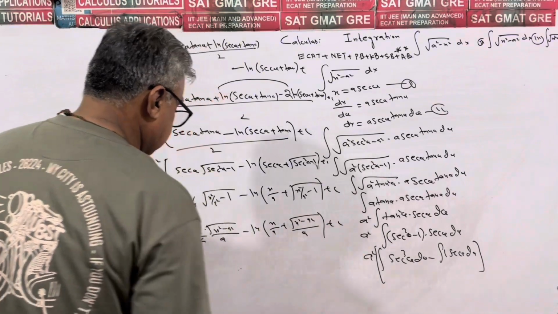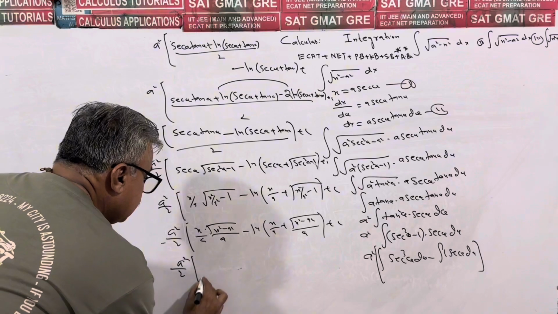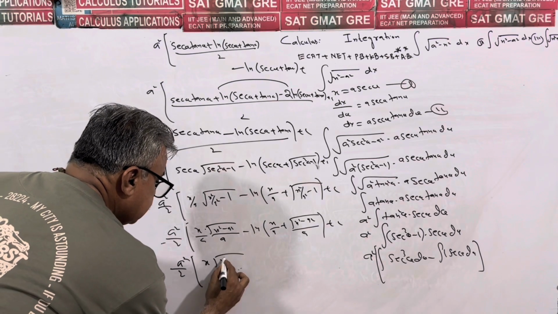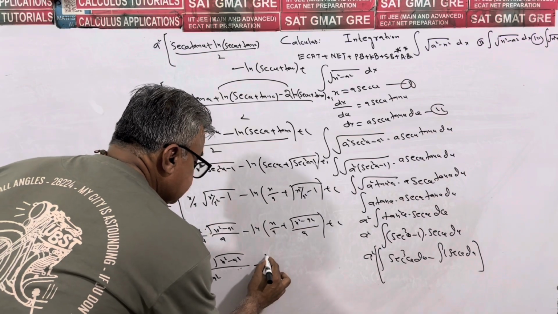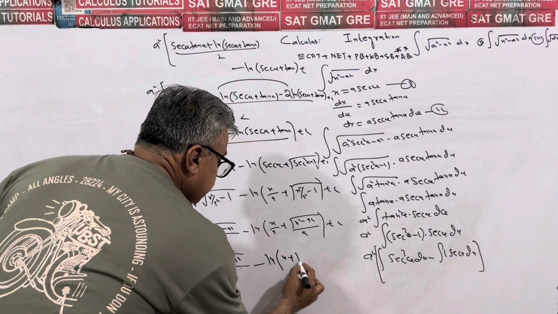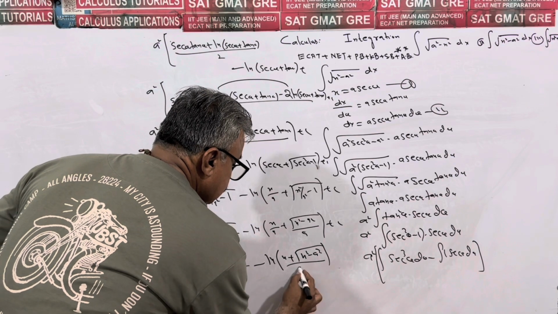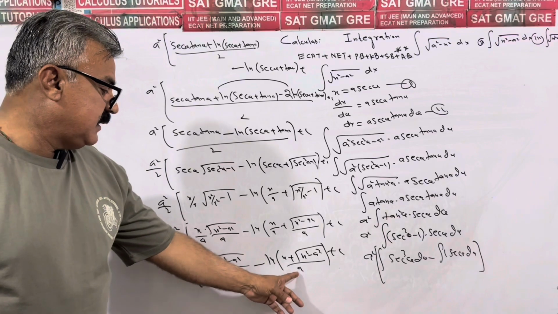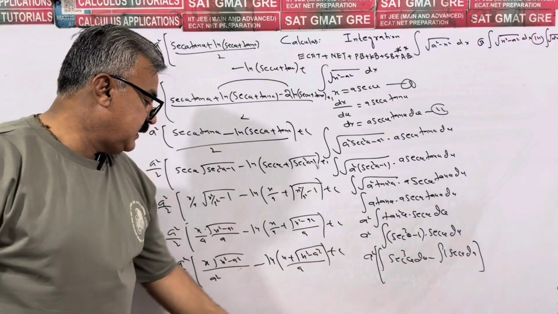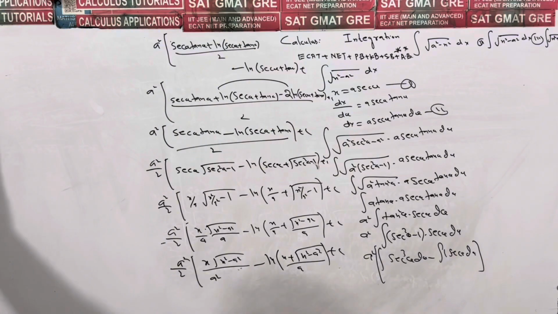Okay, cool, plus c. Now a²/2 [x times √(x² − a²), a into a, it will become a², minus ln|x + √(x² − a²)| over a] + c. Utilizing the property of log, this can be written as ln minus ln a.